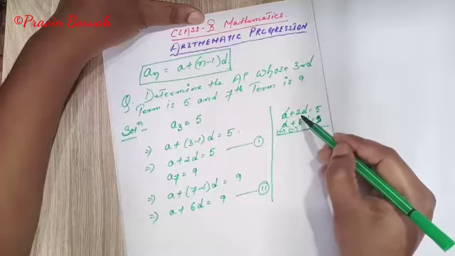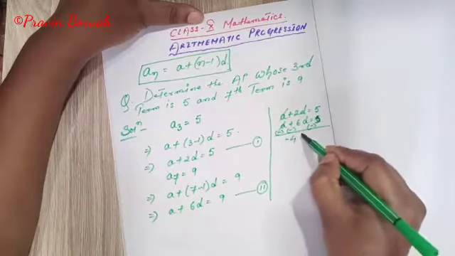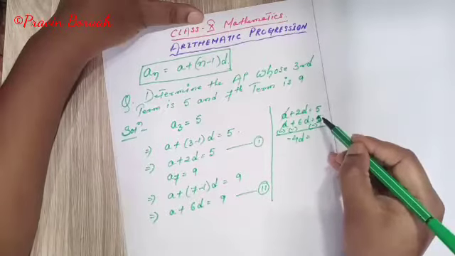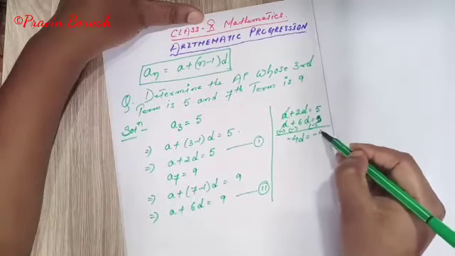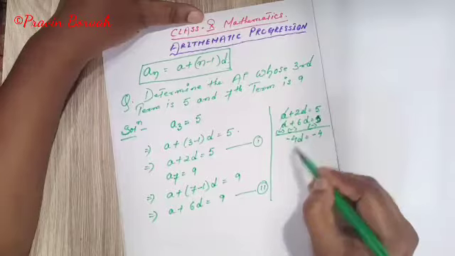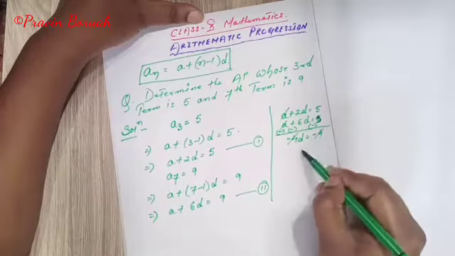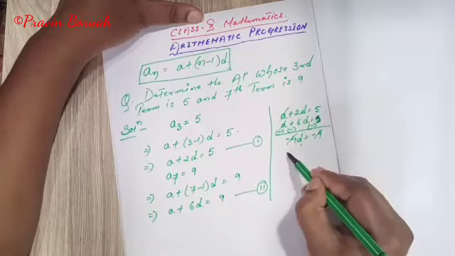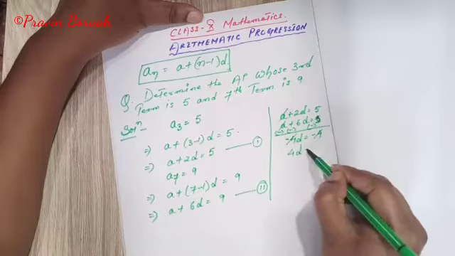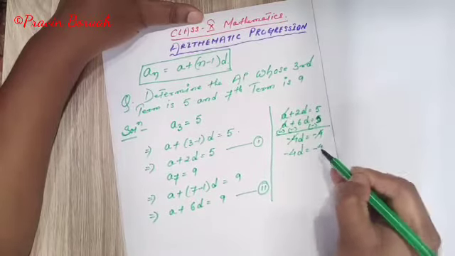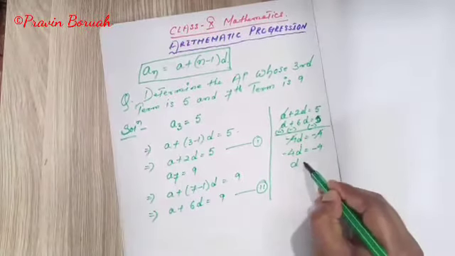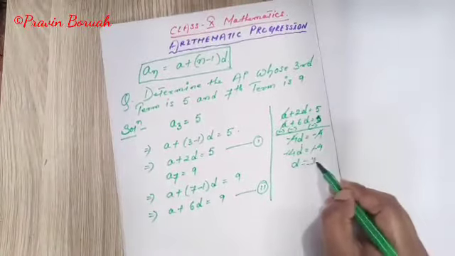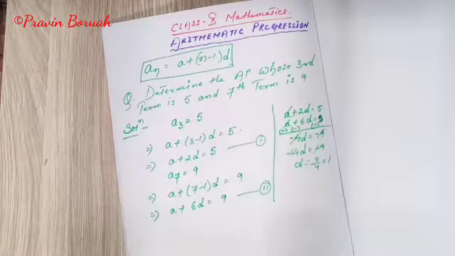Minus 6d plus 2d is minus 4d is equal to minus 9 plus 5, it is minus 4. So 4d is equal to minus 4, and d is equal to 4 by 4, which is 1. So d we got 1. Now we have to find out the value of a.